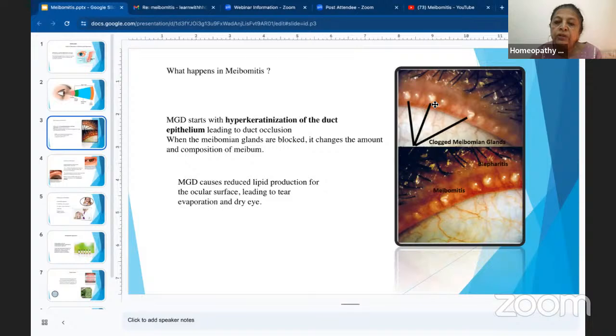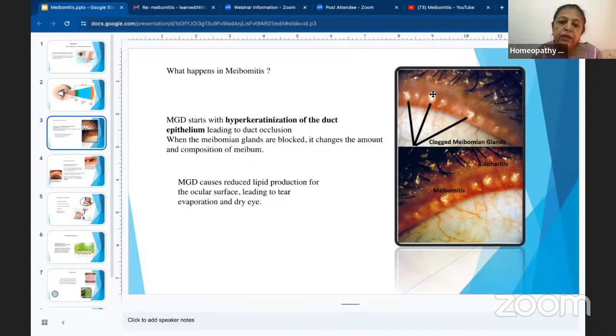the openings of the Meibomian glands. First, on the outer side are the eyelashes, and just behind that there are the openings of the Meibomian glands. Here you can see these are all blocked, because of dust particles, or sometimes the patient goes on touching the eye, and because of that there's an infection and a blockage.